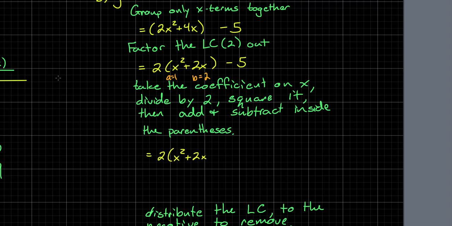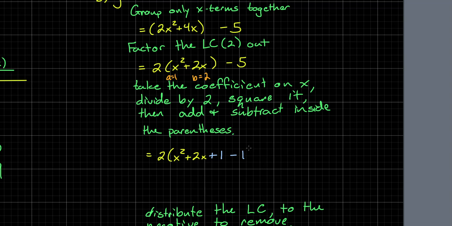And when I took that term, divided it by 2, and squared it, what was it again? I take 2, or b in this case, divide it by 2, I get 1, and I square it. What's that number? 1. Now, what am I really allowed to add without changing something? A 0. So when I add a 1, I'm also going to subtract a 1.